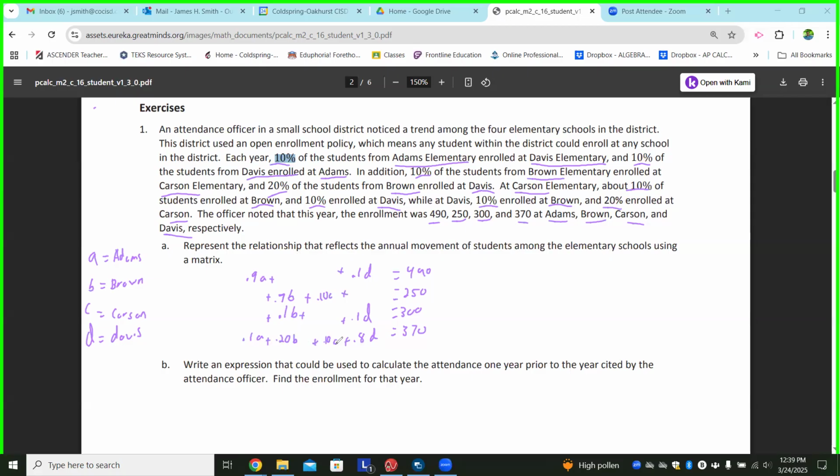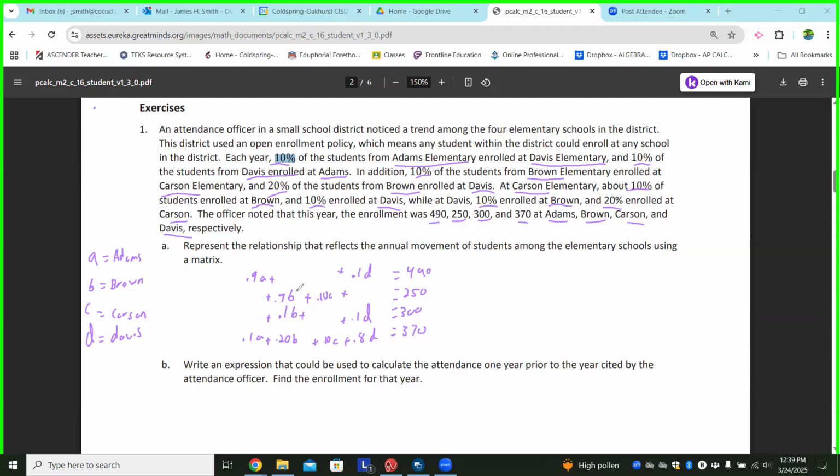Now, while at Davis, 10% enrolled at Brown. So while at Davis, 10% enrolled in Brown, which is here, 10%.